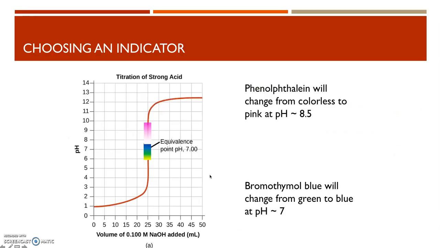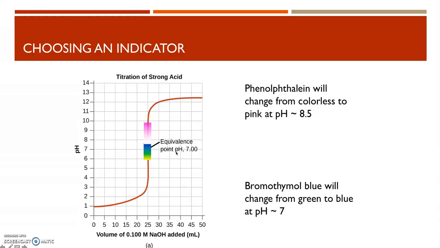So what we might choose for our experiment is phenolphthalein, which is used a lot. We saw that the color change happens a little higher in pH than where bromothymol blue might be more appropriate. This plot is showing how the pH changes from a pure HCl solution as you start adding NaOH. Your hydrogen ion concentration will start to decrease because you're turning it into water.